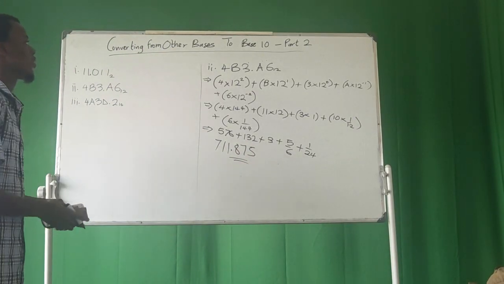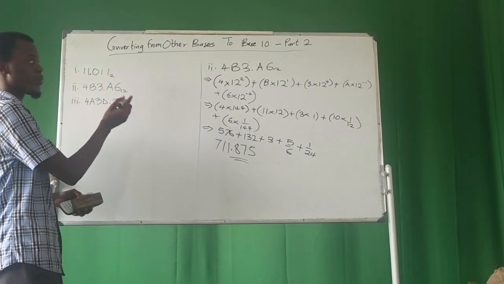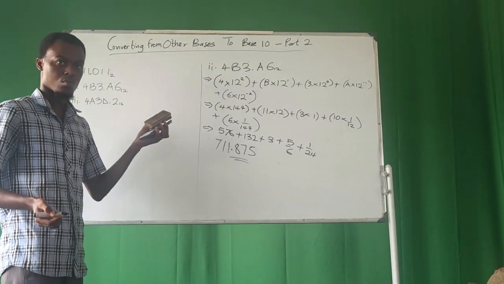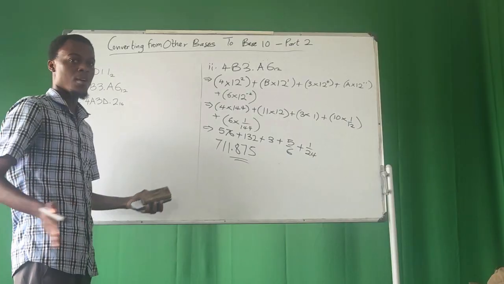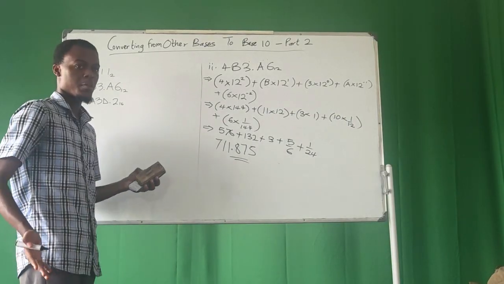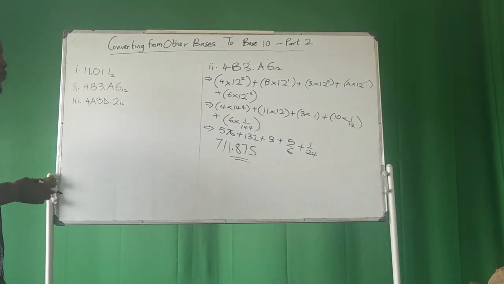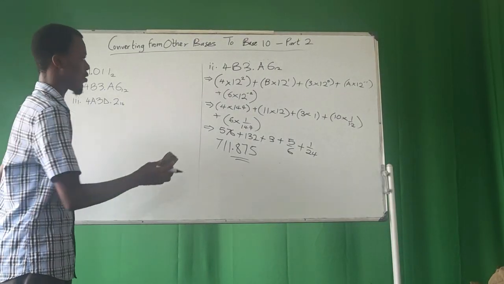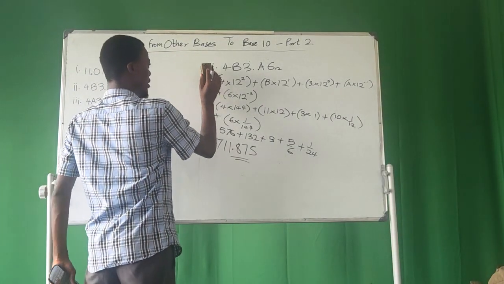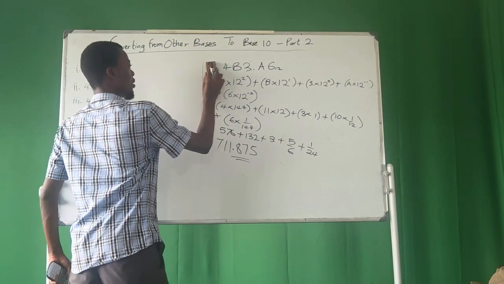So now 4B3.86 base 12 to decimal of base 10 is 711.875. Okay. So now let's do the last one. The last one is hexadecimal, or base 16.